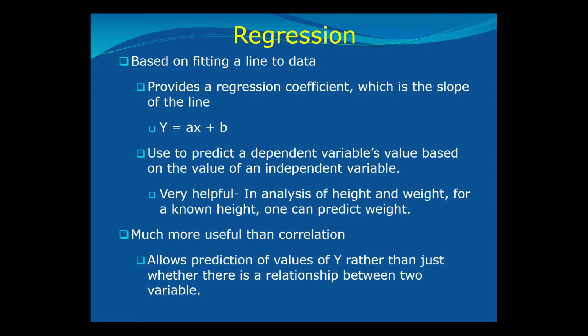Regression. What is regression? Regression is the mathematical way to represent association, or to represent correlation. Regression based on fitting a line to data provides a regression coefficient, which is the slope of the line. So if we make regression analysis, we need to substitute correlation by using mathematical equations.